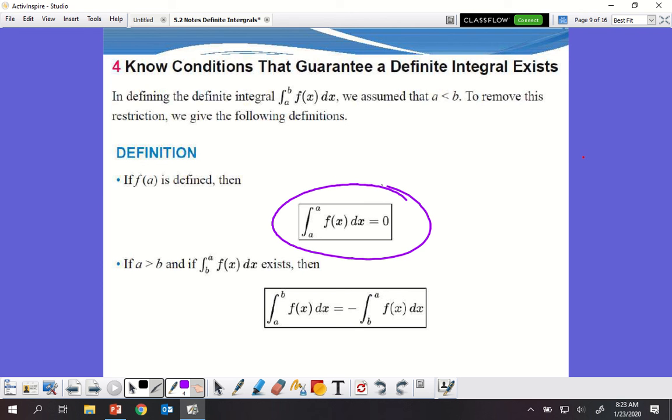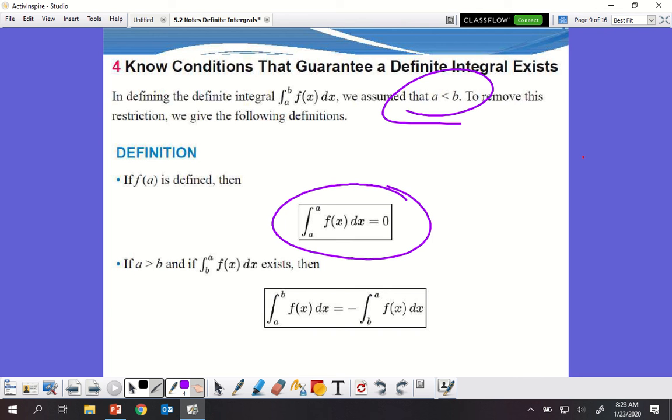Now, in the case that a is not less than b, if a is bigger than b, because you're going to get some of these sometimes, we could change it up. All we have to do is switch it to be correct and then negate it.